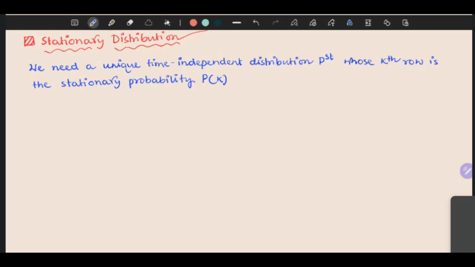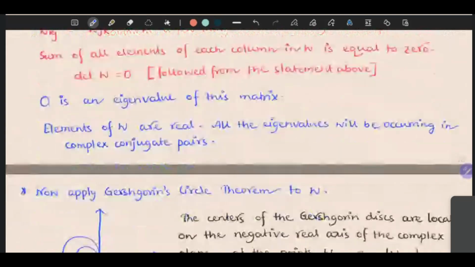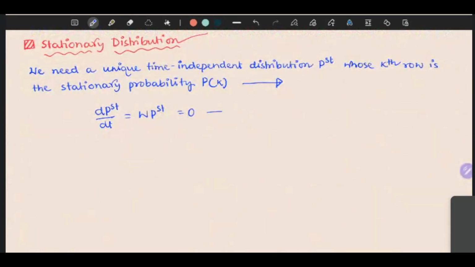So it does not depend on time. So this distribution can be given by like this: dPst by dt is equal to W Pst, which needs to be 0. This is equation 11.